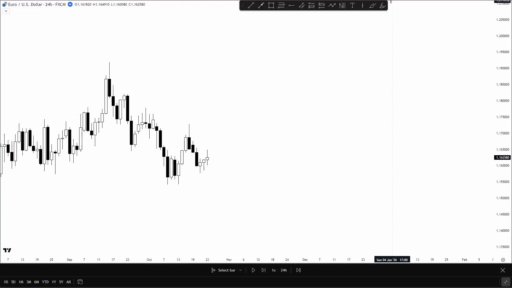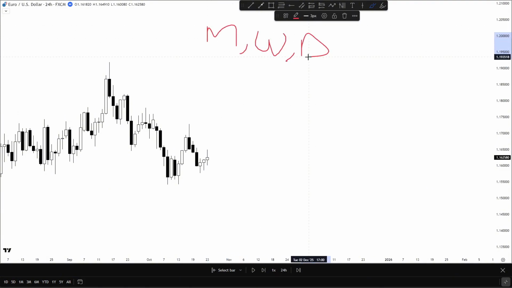Now remember, within the access system we are meant to use all of the higher time frames for determining a directional bias, like the monthly, the weekly, and the daily time frame. But since I haven't yet uploaded the top-down analysis chapter, which includes the refinement process for refining the analysis from the monthly down to the daily, and haven't taught you that, I'll just stick to the daily time frame for now.